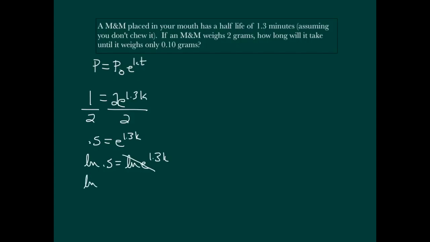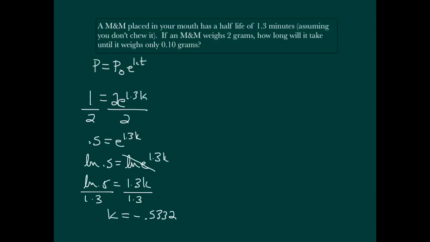So I've got the natural log of 0.5 equals 1.3k. Now it's just regular algebra. I end up with k equals the natural log of 0.5 divided by 1.3, which gives negative 0.5332. It makes sense that it's negative if you're dealing with a decay problem, because k has to be negative for exponential decay.